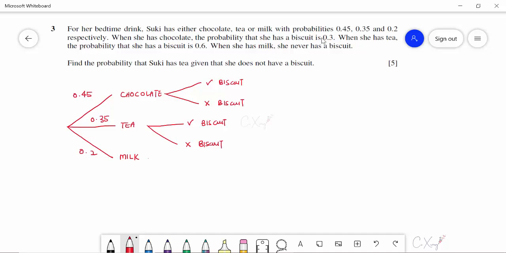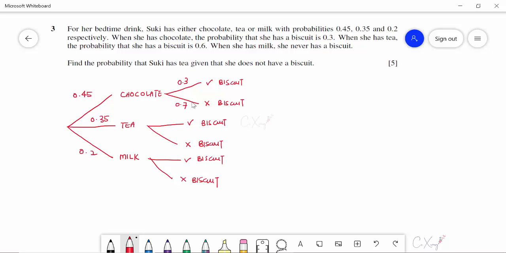You should fill in all the probabilities for all these events. When she has chocolate, the probability that she has a biscuit is 0.3, so you put 0.3 here. And the value for not having a biscuit after taking chocolate should be 0.7.